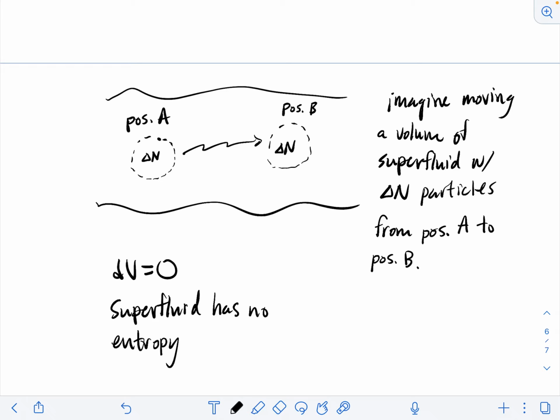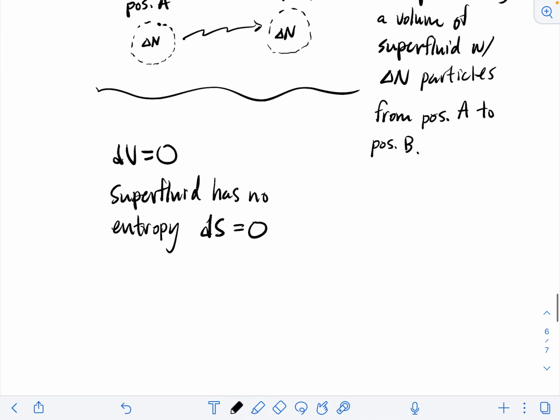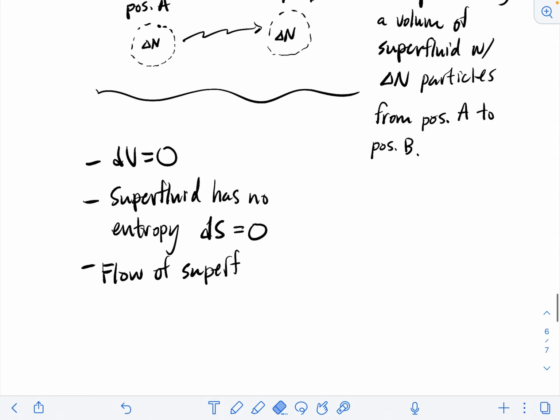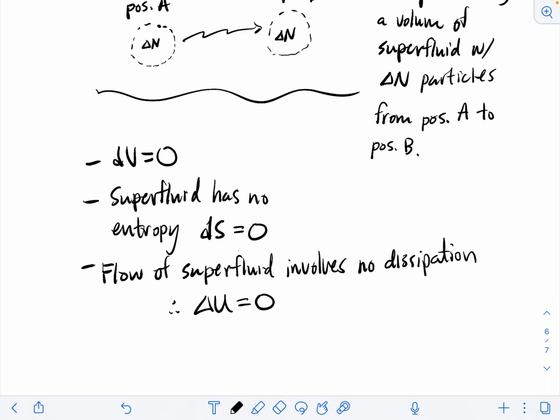So it has no entropy, dS is equal to 0. The other thing we can say is that the flow of the superfluid involves no dissipation. And so there's no energy lost, and that means the change in the total internal energy should be 0.